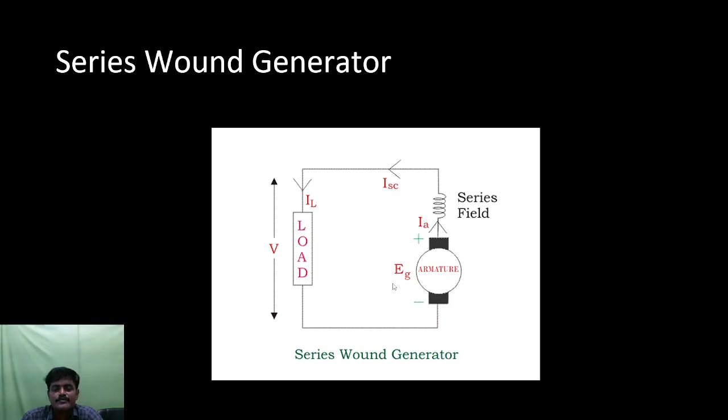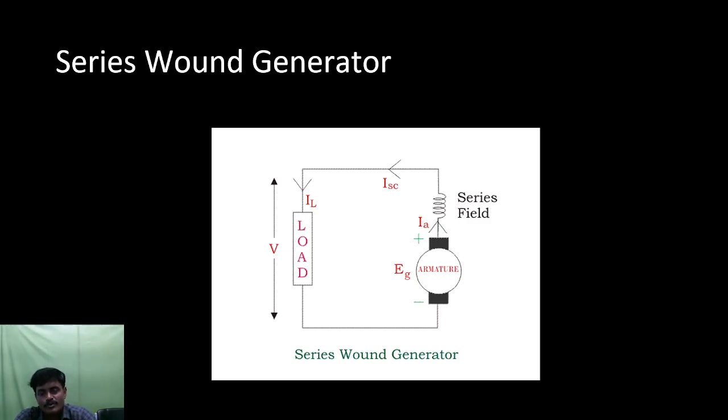Here I can say the line current, or the load current. The produced line current, the load current, and the current flowing through the series field winding, that is the armature current IA, the load current IL and the field current ISC, are all the same in the series wound generator, since the windings are connected in series. In a series connection the current is always the same.